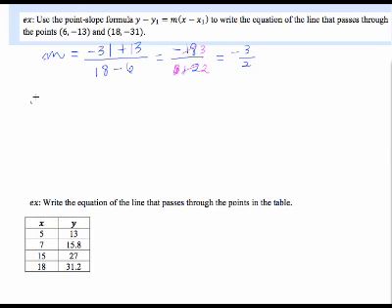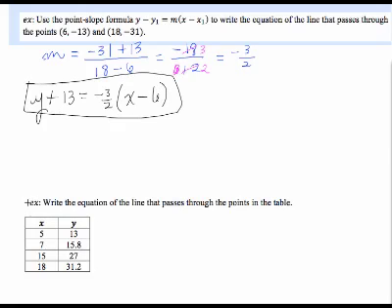You could say y minus, let's use the first point, negative 13, is going to become plus 13, equals m, the slope, negative 3 halves, times x minus the corresponding x, which is 6. And there's a good answer right there. But I'll show you the other one. If you plugged in this point, it would be y plus 31 equals the slope times x minus 18.